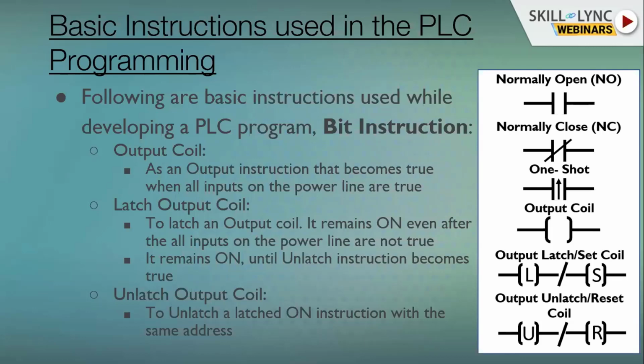But if you use a latch output coil instruction, even when the input signals are disabled, the output coil will remain on until you give another instruction for that output, which is unlatch output coil. If you use unlatch output coil on that particular address, the output coil which remained on in spite of disabled inputs will become off.